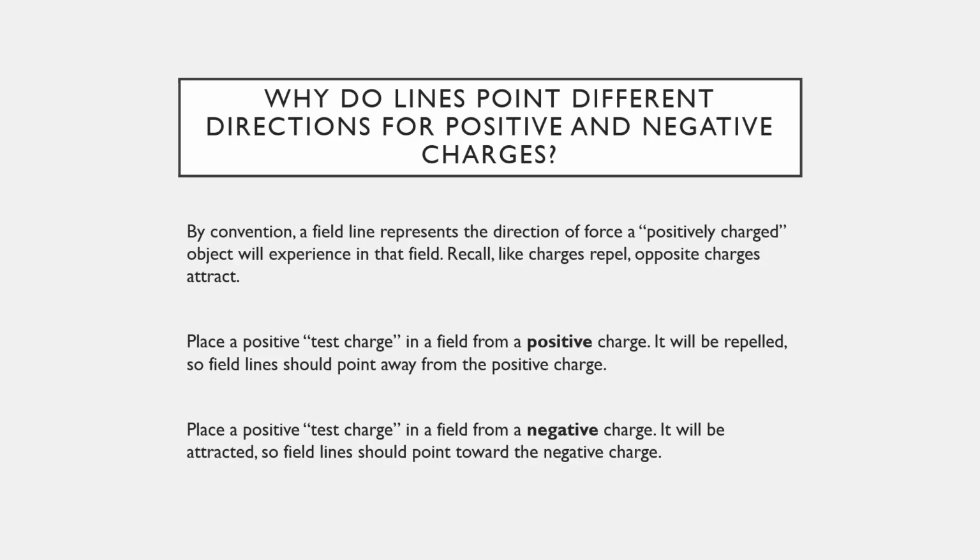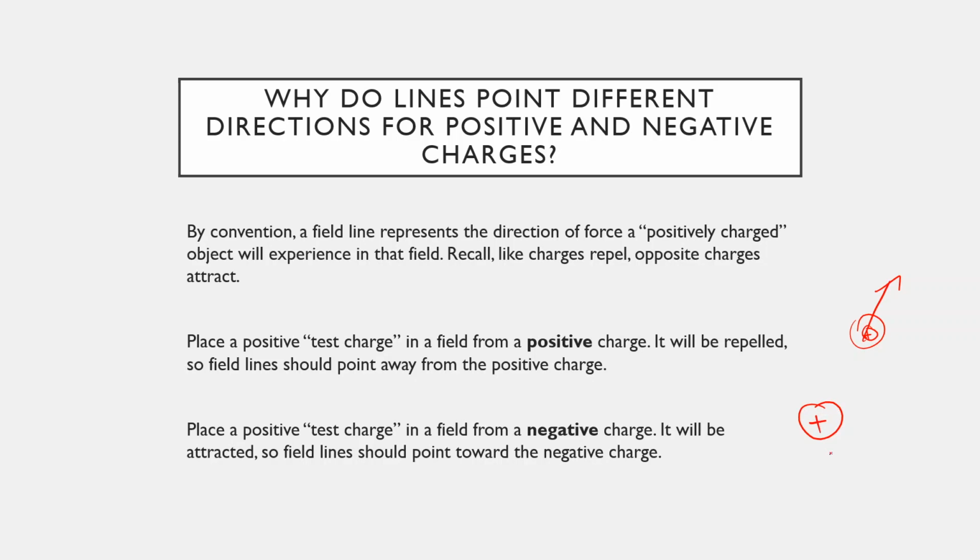Positive charges repel other positive charges. So let's say there's a positive charge here, exerting its field out into space around it. You place a positive charge somewhere nearby, what's going to happen to this guy here? Well, he's going to get repelled. So by convention, the field line would point away from this central positive charge.